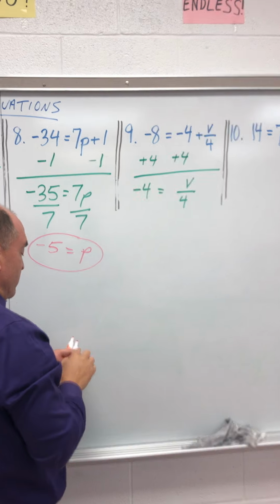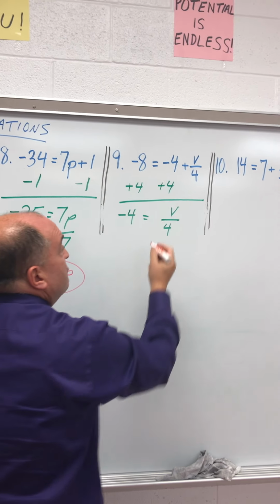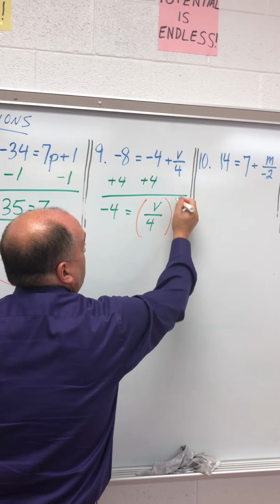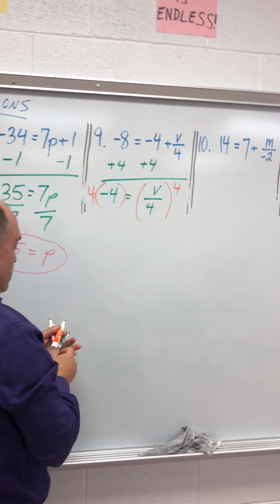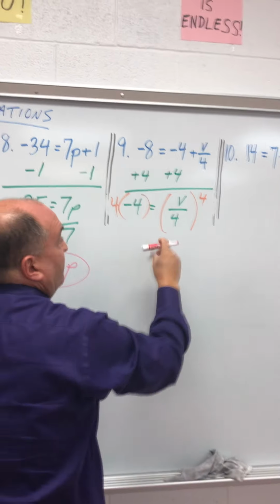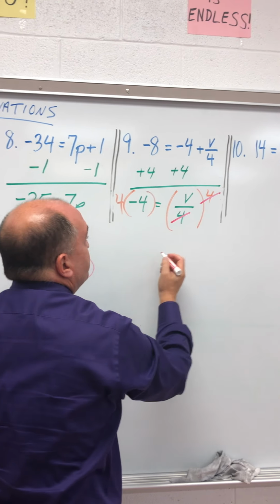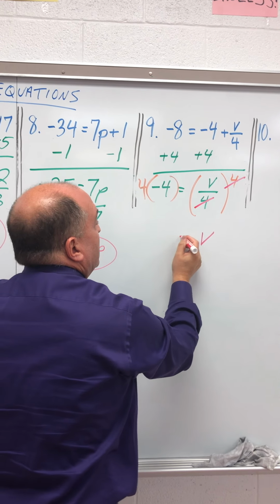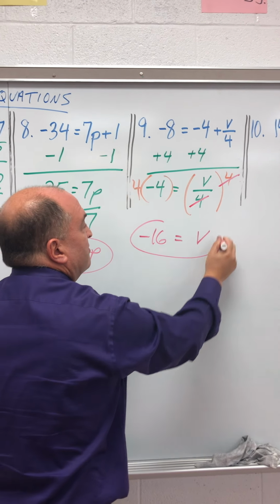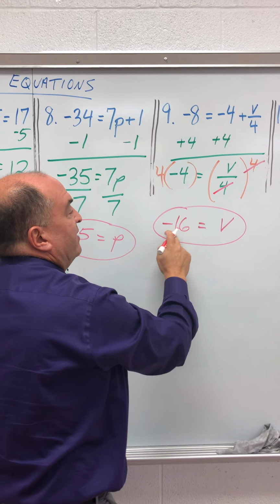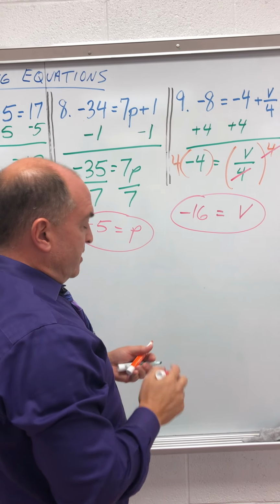All right, so now I'm going to multiply by 4 both sides. The 4's cancel. You get V equals 4 times negative 4, negative 16. Not so painful.